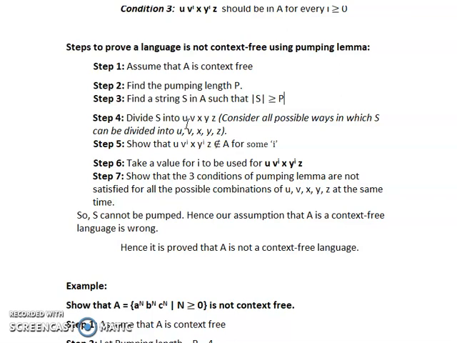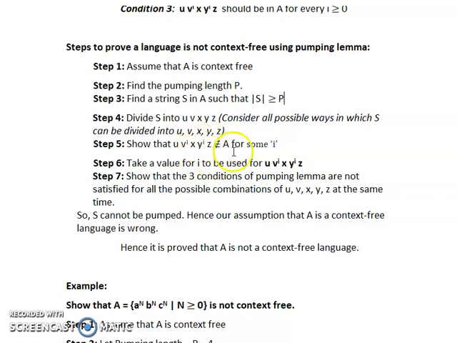That means consider all the possible ways in which you can divide S into U, V, X, Y and Z. Now show that U V^i X Y^i Z doesn't belong to A for some i. Now you have to prove that the string which is formed using U V^i X Y^i Z is not a part of your language.